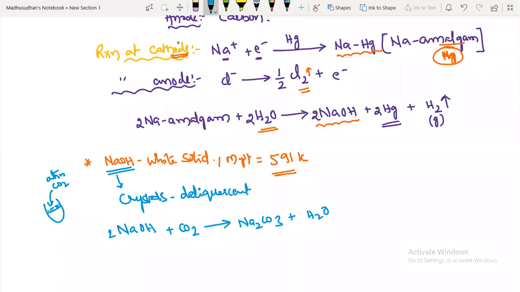Suppose you have a sodium hydroxide solution, the molecules which are almost at the surface react with atmospheric carbon dioxide and form sodium carbonate.